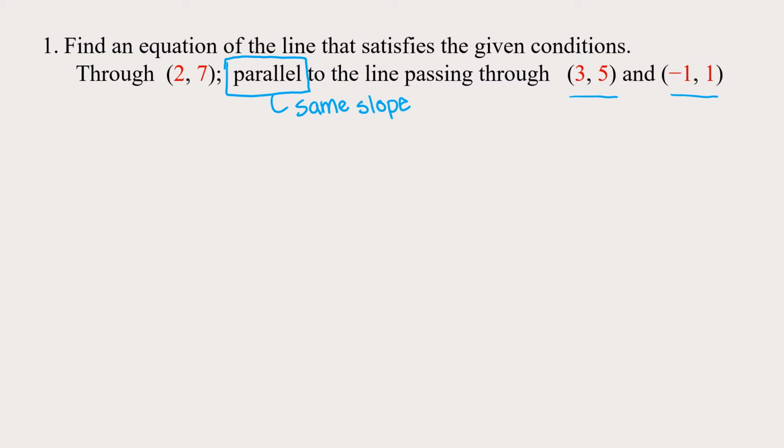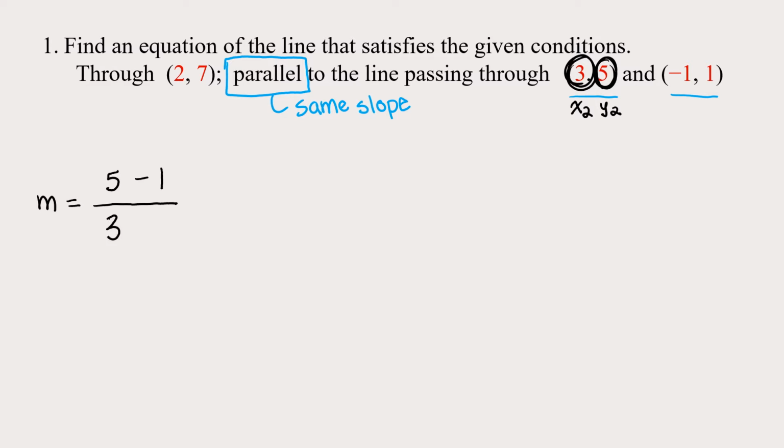So that slope will be equal to the difference between our y values, so that'll be 5 minus 1, divided by the difference between our x values. And we want to make sure that these are corresponding x values. So since we used this 5 as our y2, this 3 will be our x2.